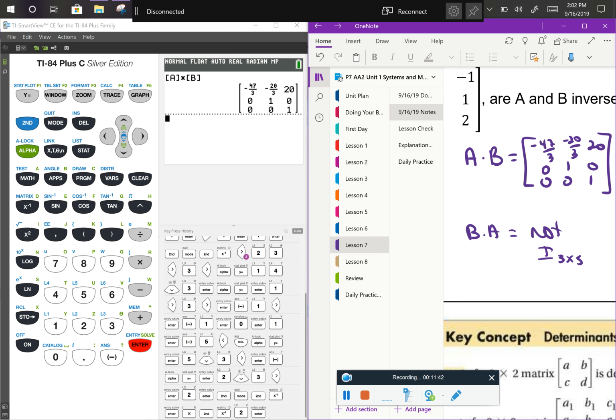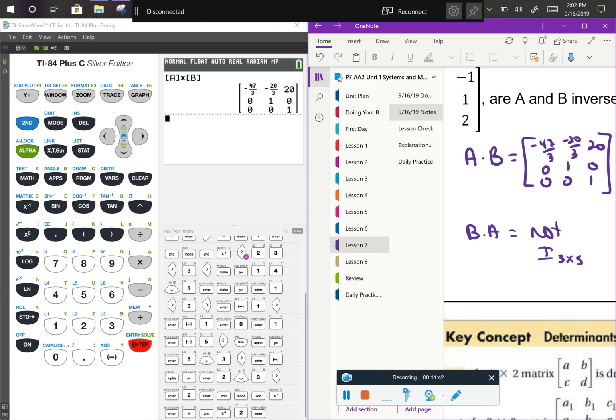So I would need you to explain, though, because knowing how to push buttons on the calculator is great, but actually understanding what that all means is what I actually care about. So when you answer a question like this, I would see your work that you did A times B, and you were like, well, that's not the identity matrix.